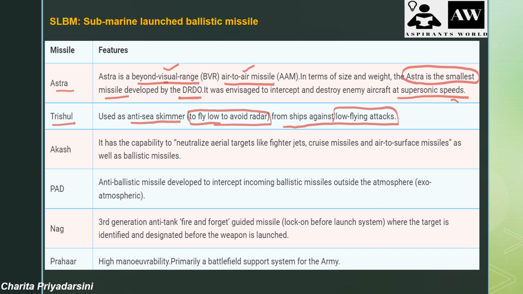And Akash, on the other hand, has the capacity to neutralize aerial targets like fighter jets, cruise missiles, and air-to-surface missiles, as well as ballistic missiles. So the Akash has a very special character. It targets fighter jets, cruise missiles, air-to-surface missiles, all the categories.